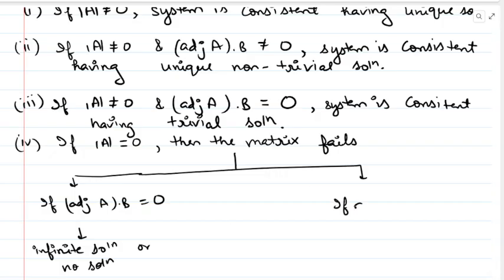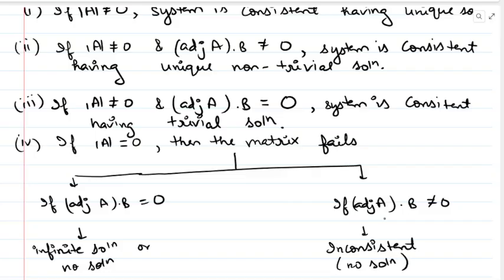If adjoint of A into B is not null matrix, then inconsistent, means no solution. So the matrix chapter is over here.